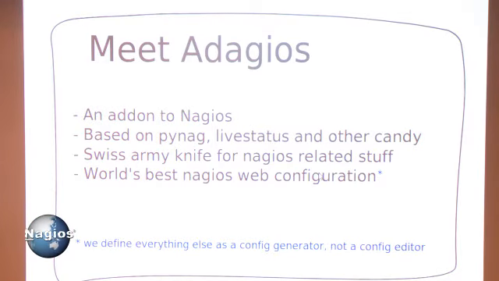For us, that was the biggest reason why we went into it, because there were a lot of other web configuration kits out there, and we went, oh, all of these suck. We're going to make our own that sucks, but we're going to do it a little bit differently. Because I know that if you're really good with your Nagios configuration and you want to edit it by hand, because sometimes that's the fastest way to do things, that can be a real hard problem if you have a web configuration interface out there.